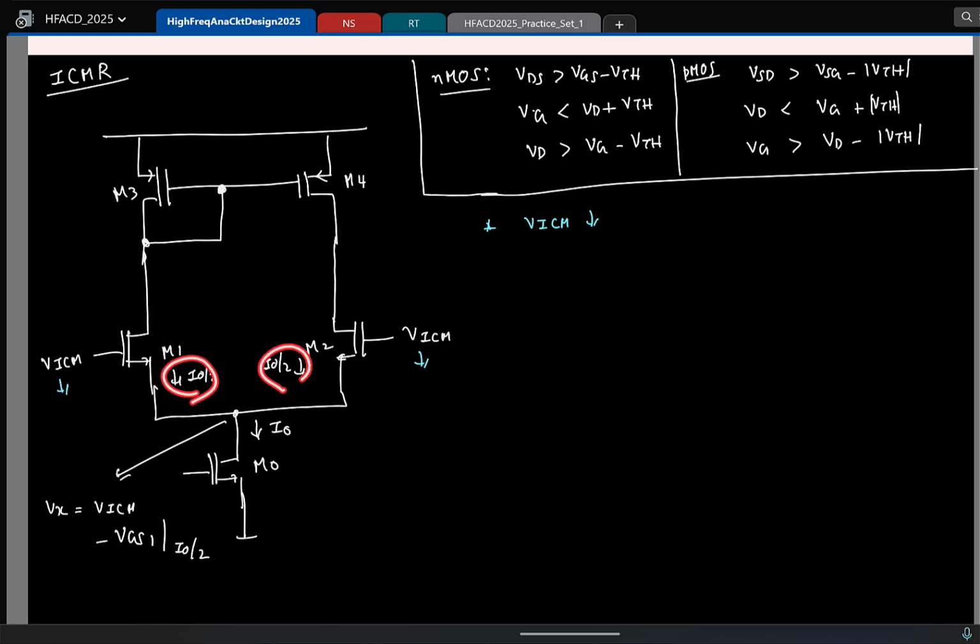Okay. So I'll remark it here. If I reduce VICM, Vx reduces, so which means M0 can go out of saturation. And I also wrote that Vx is basically VICM minus VGS of M1 or M2 when it is biased at a current of I0 by 2.